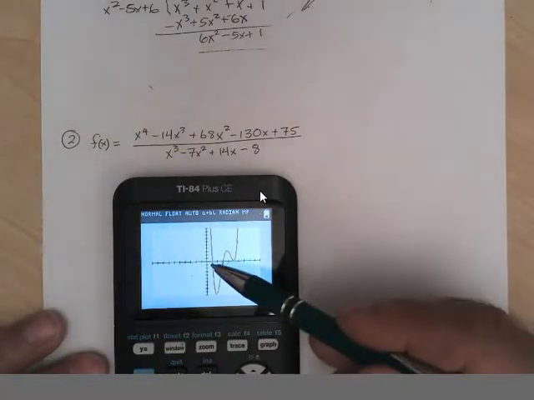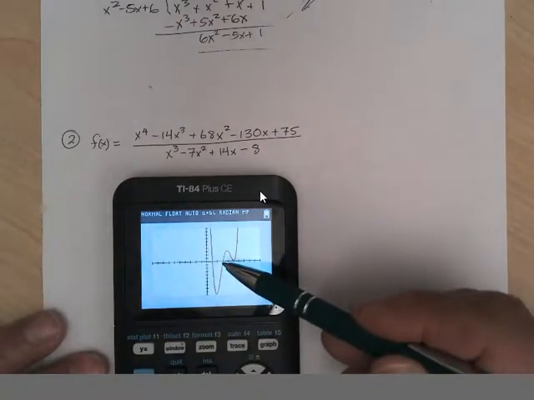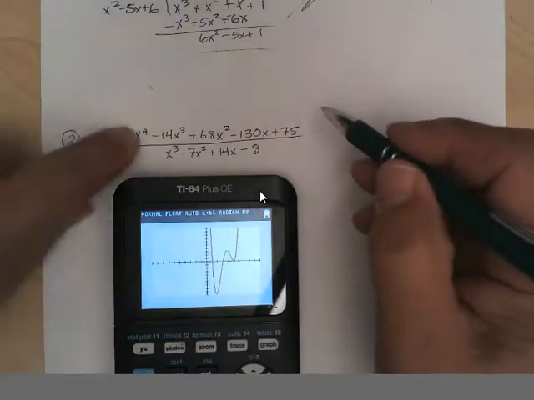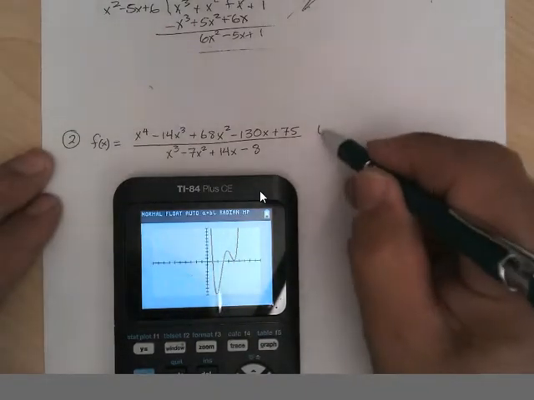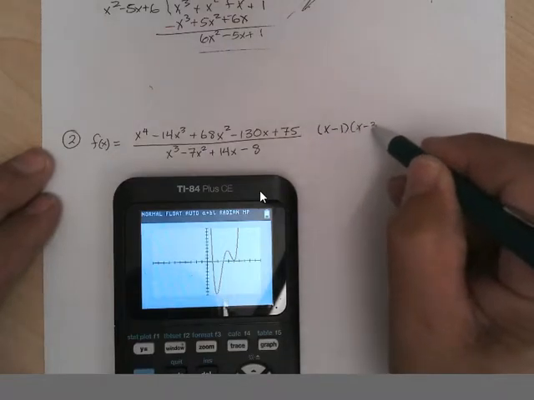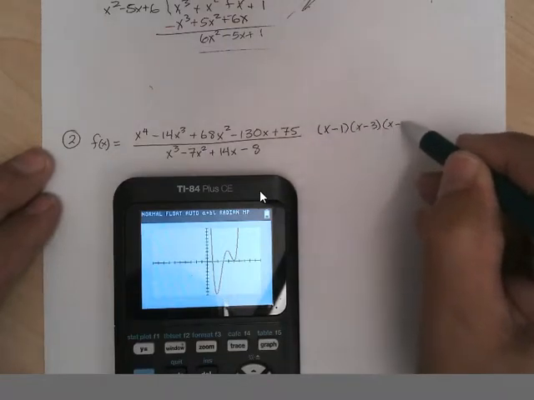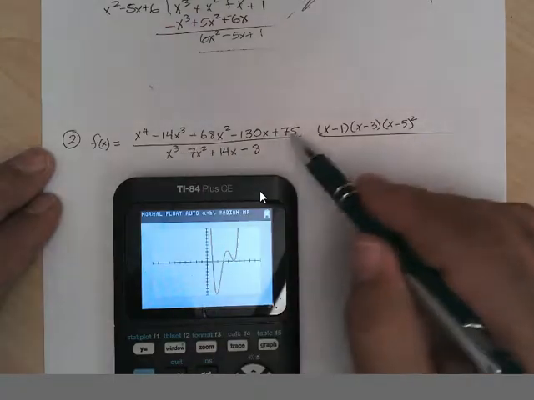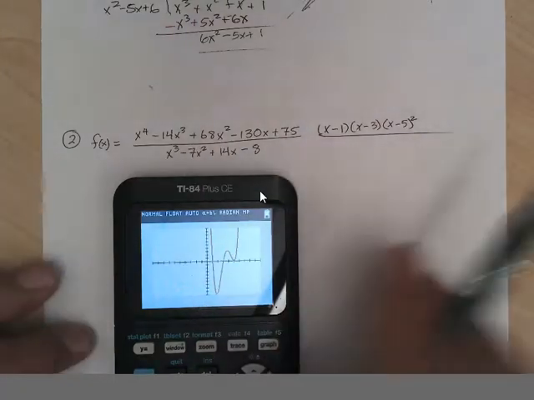It goes through 1, 3, and a double at 5. That would be all 4 of them. So x minus 1, x minus 3, and x minus 5 twice. So that's completely factored. There's nothing extra to it.